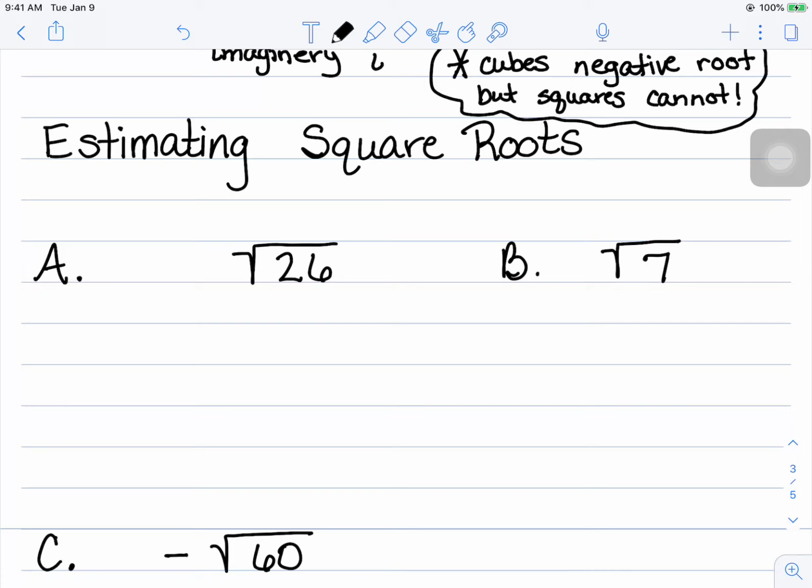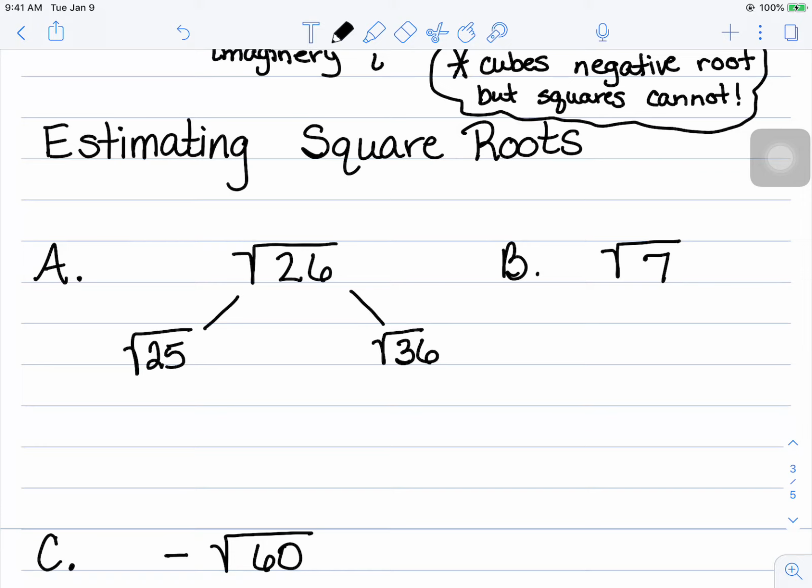So if I look at the square root of 26, I want to find the perfect squares that come right before and right after it. So this is where knowing your perfect squares comes into place. If you go back to the beginning where we had the perfect squares listed, I know that 25 is a perfect square, and then right after 25 was 36. So then I can say, well, the square root of 26 is between the square root of 25 and the square root of 36.